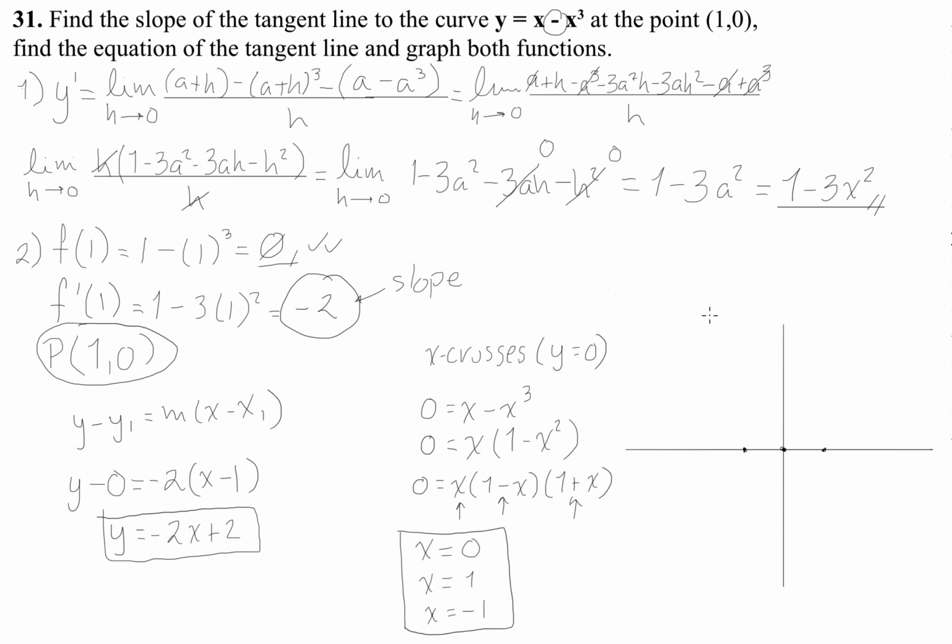It will come from above, will cross at x equals minus 1, it will cross at the origin, and then it will cross at x equals 1. Let me do it again. So it is crossing here, then it will cross at the origin, and then it will cross here. That is the sketch of my graph, and then I will show you the real graph.